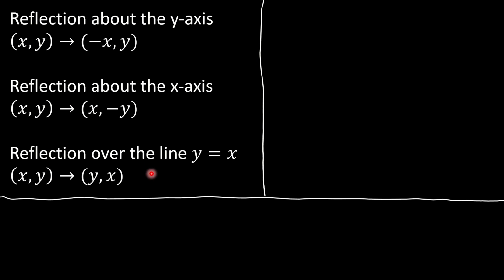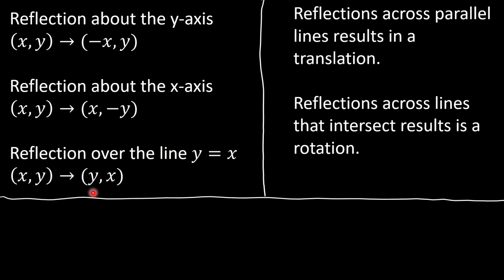And reflections over the line y equals x are achieved by mapping points (x, y) to the point (y, x). Reflections across parallel lines are equivalent to a translation. And reflections across lines that intersect result in a rotation.